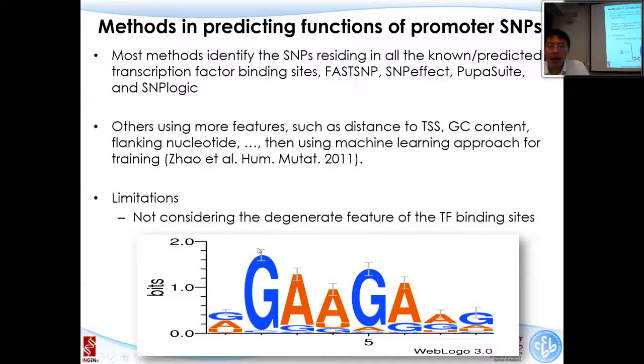So what I mean by degenerate feature is, if this is the transcription factor binding site, there are actually many different letters here, and some letters are more important than others. So if this G is altered, the chances are this TF is not going to bind. But if this G is altered, the chances are it's fine.